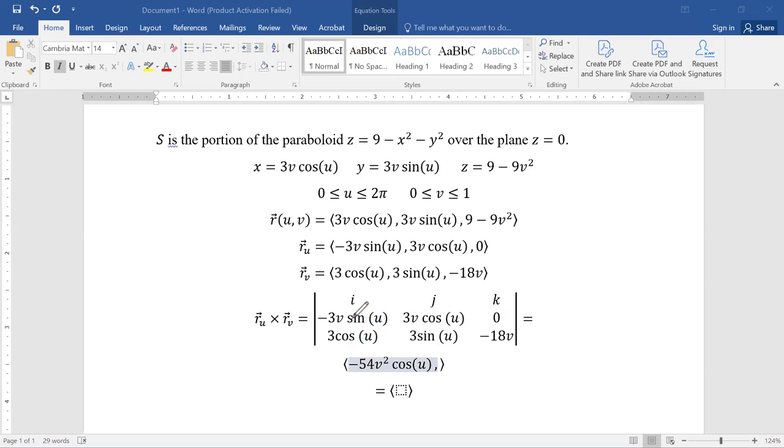And then I negate it. So I'm going to get negative of negative 3 times negative 18. That's eventually going to give me, a negative of negative of negative gives me a negative 54v squared times sine of u.